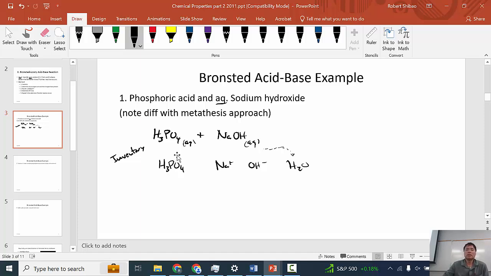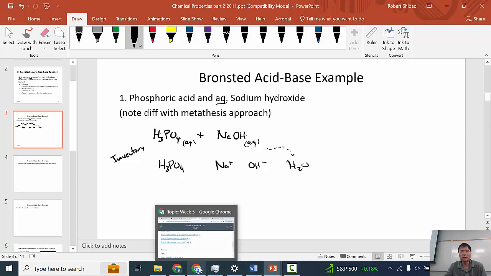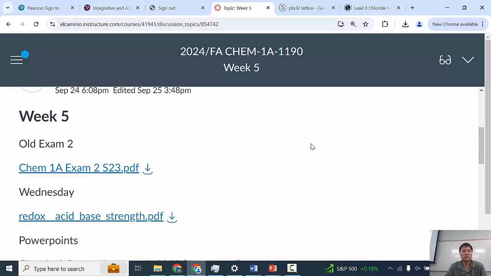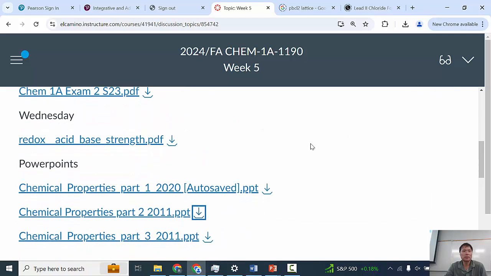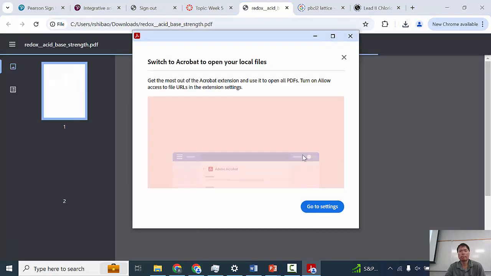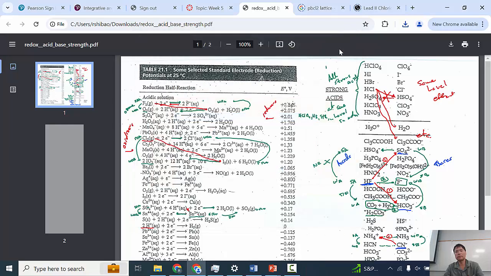All right, then what we do is we consult the chart. So let's take a look at the redox chart. The redox chart, I think I forgot to save this yesterday, so maybe it didn't post. Redox chart, I put it week 5. Oh, shoot.